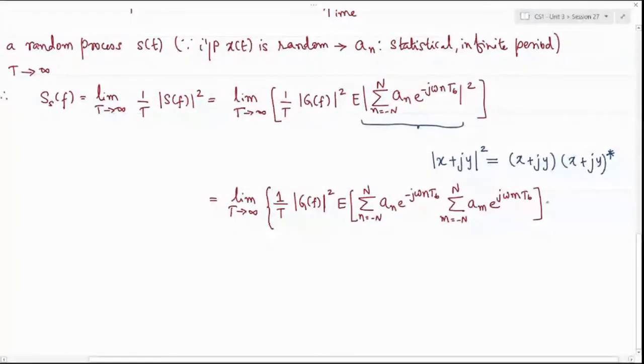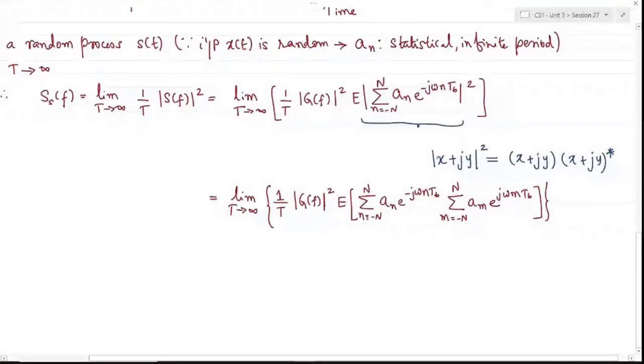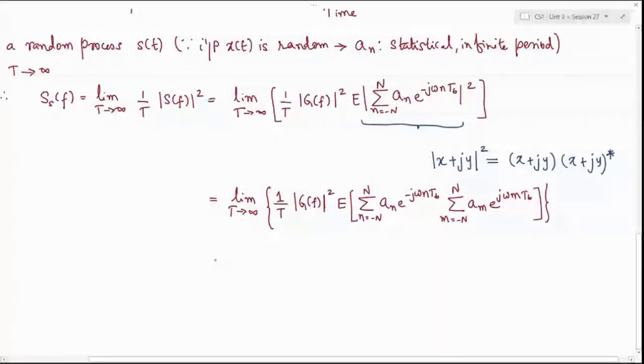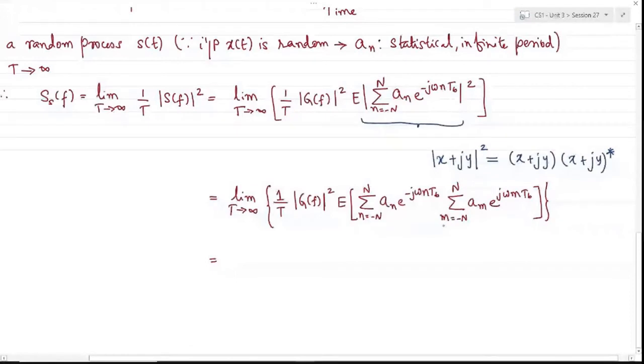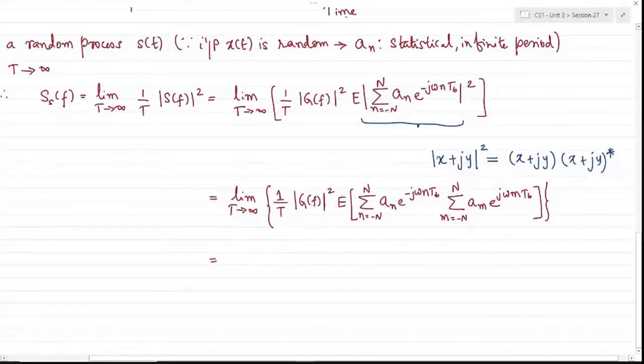So this gets split into a product of two summations. Here m and n are simply placeholders, which are identical to each other. Just for the sake of splitting these two complex conjugates, I have taken two placeholders there.